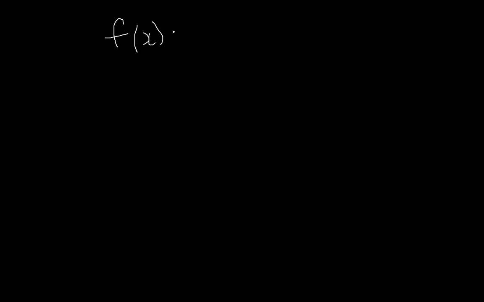Okay. So this is 2017, number one part B. We are given that the function f of x is equal to x cubed minus x squared minus ax plus b.